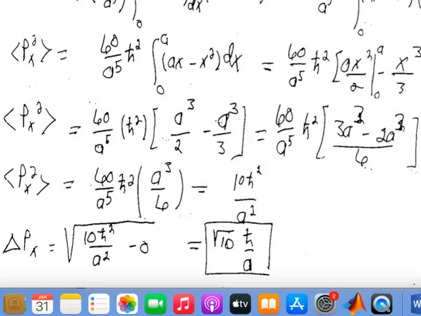It's 0 at the lower limit in this problem, but in some problems it is not 0, so you have to be real careful. And now you find the expectation value of px squared as being 10 h bar squared over a squared. Then you can find the uncertainty in px, as I said, which is this number here.